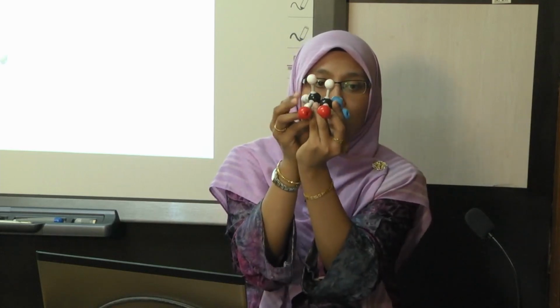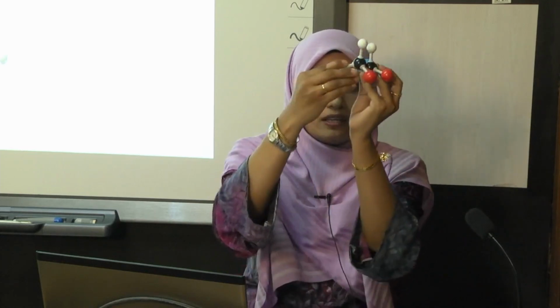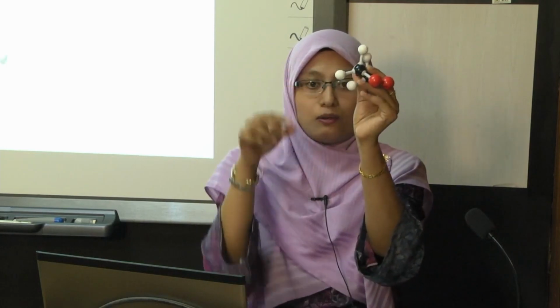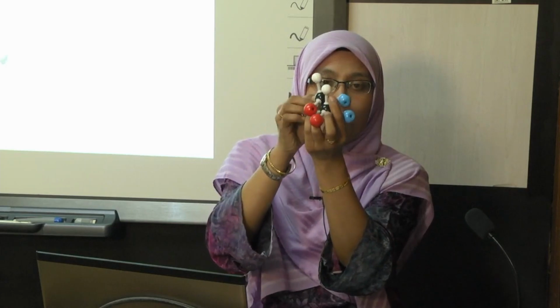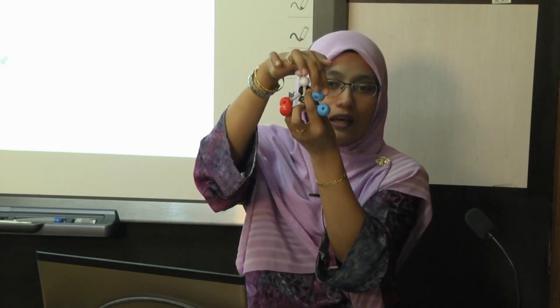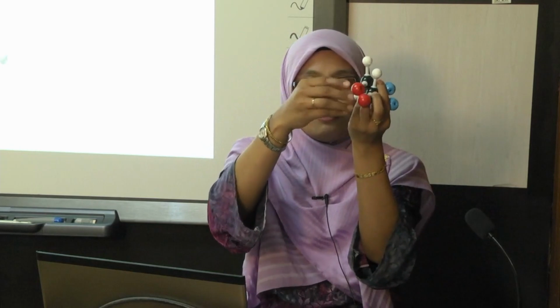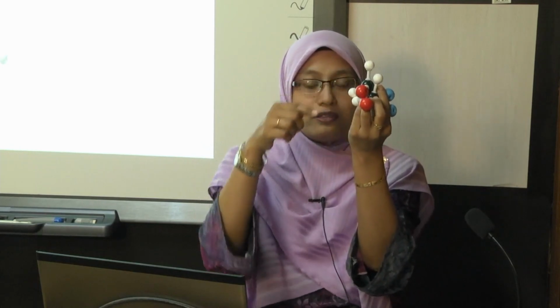All the white, all the hydrogen atoms are aligned, and then I have my chlorine here, blue, aligned, and also my bromine in red are also aligned. So they are actually identical.